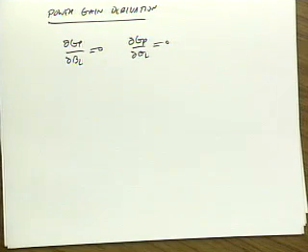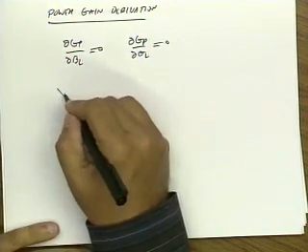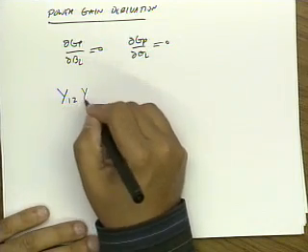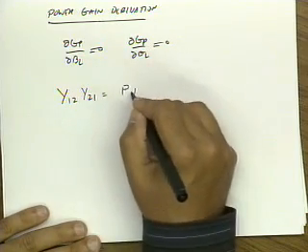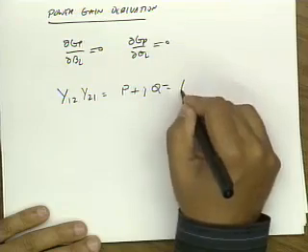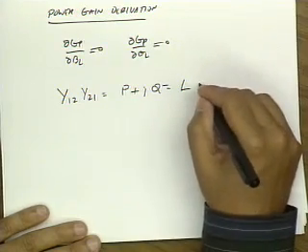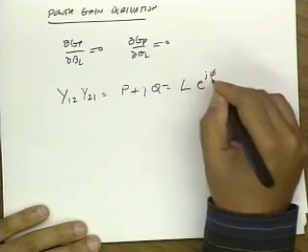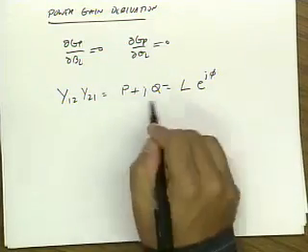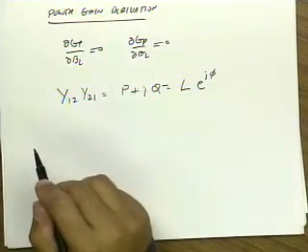So let me define a couple of useful things. Let me define the product y12 y21 as P plus jQ, or some magnitude L e^(jφ), where φ is the phase of this product.